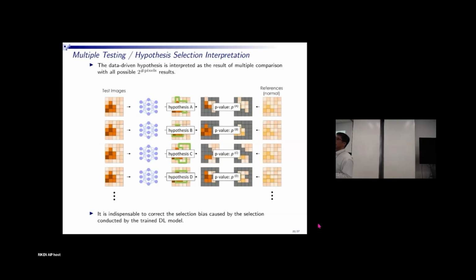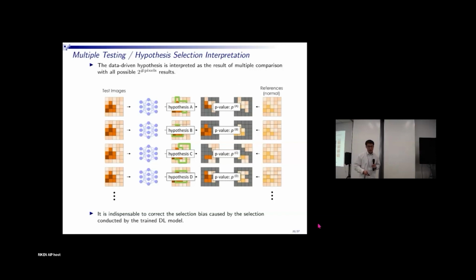Actually, 2 to the power of the number of pixels hypotheses we are considering. And the well-trained deep learning model can select the best one from that. So it can be interpreted as a very ultra large scale multiple testing problem. The deep learning model is trying to select the smallest p-value case from all possible cases, 2 to the power of the number of pixels.